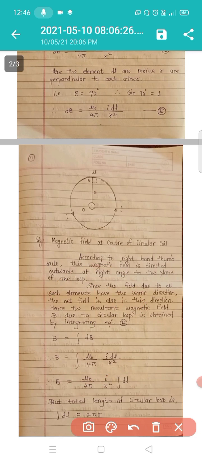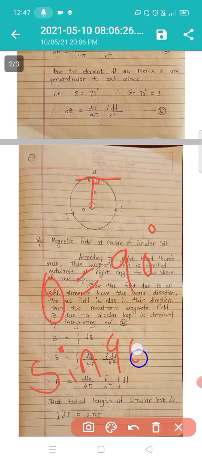Here the element dl and radius r are perpendicular to each other, hence the angle between them is 90 degrees. Hence sine of 90 is 1. Put this value in the equation.